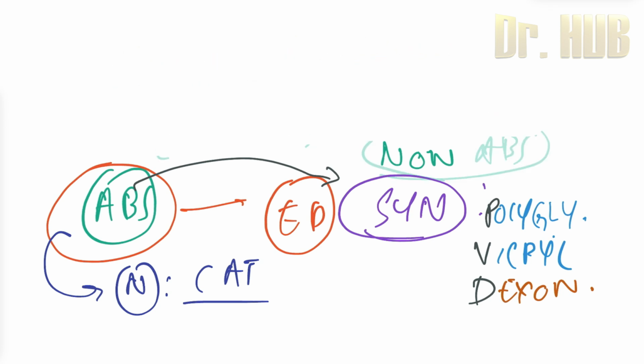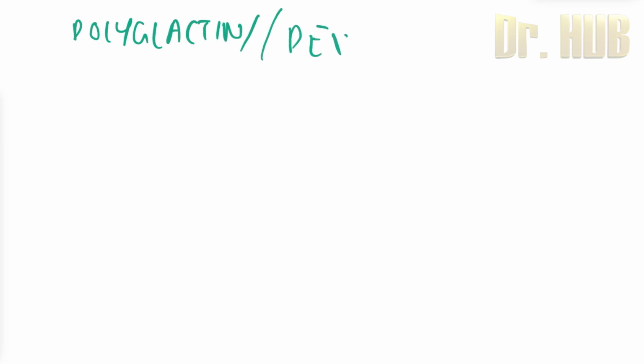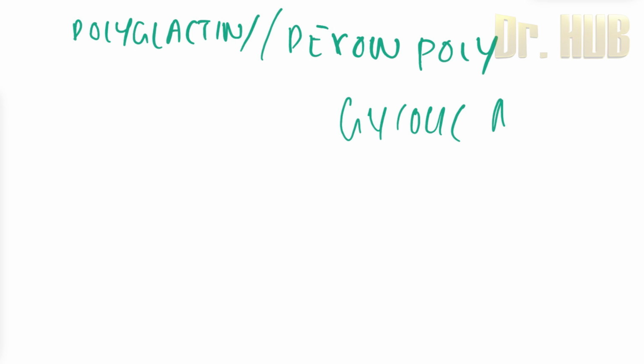Next is Vicryl, that is polyglactin. Vicryl is nothing but polyglactin. Next comes Dexon, that is polyglycolic acid. So Dexon is polyglycolic acid.